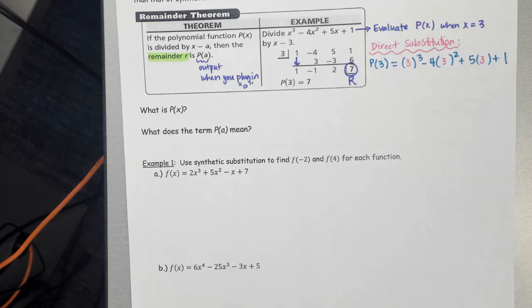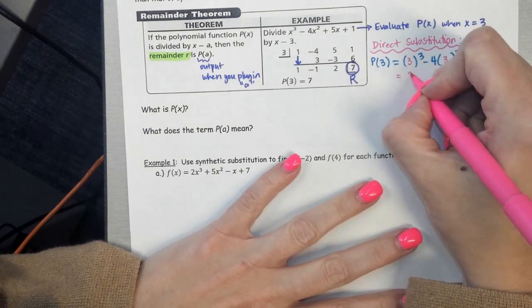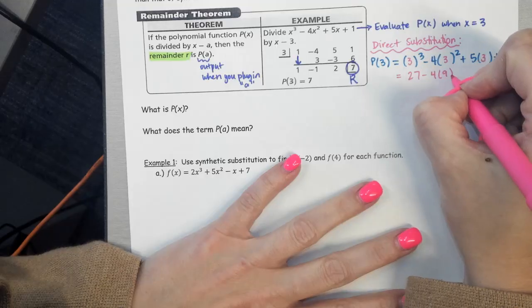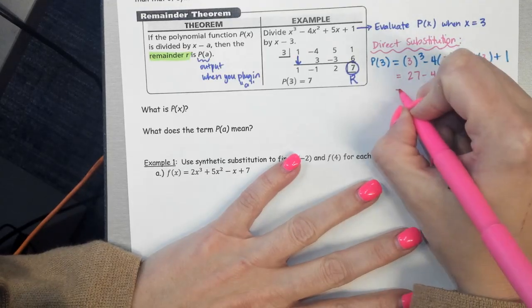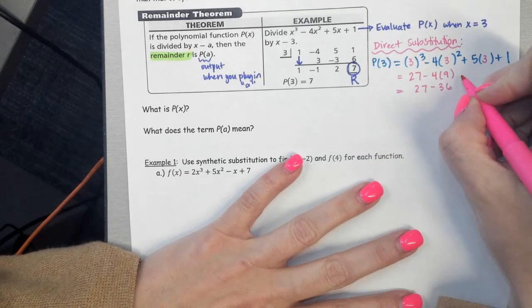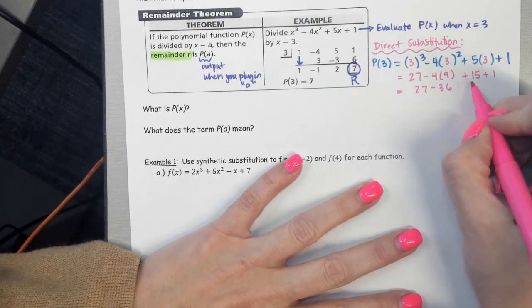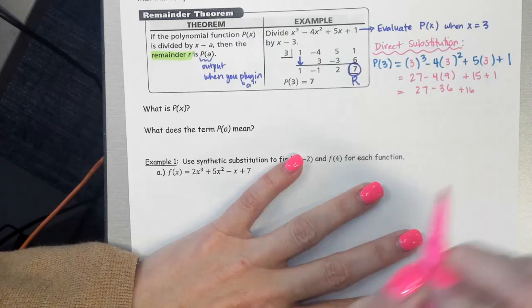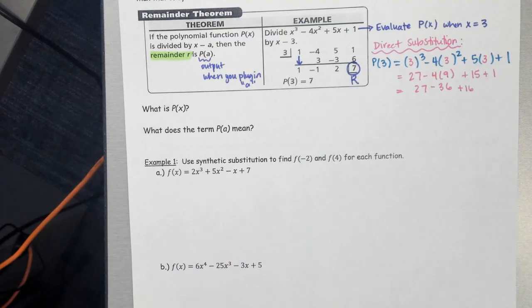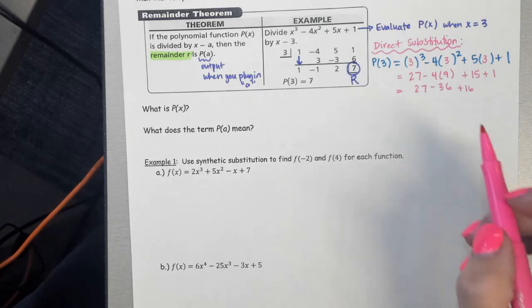Okay, so what's 3 to the third power? 27. Okay, for the next one, you have to do 3 squared first. Okay, so you are doing 4 times 9, which will be negative 36. Okay, 5 times 3 is 15 plus 1. I usually will add these together to do plus 16. Okay, and then you can go from left to right, or you can do whichever order is easiest for you.